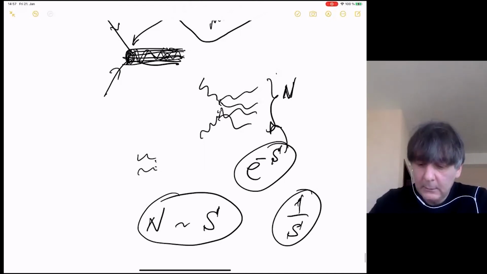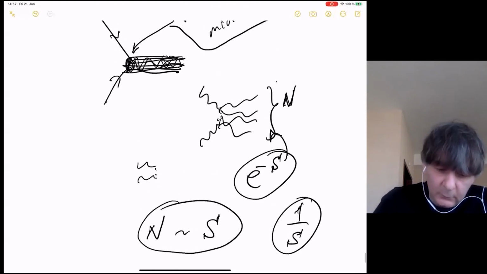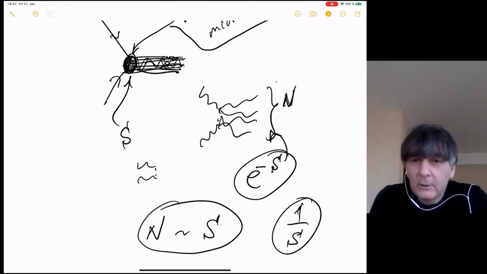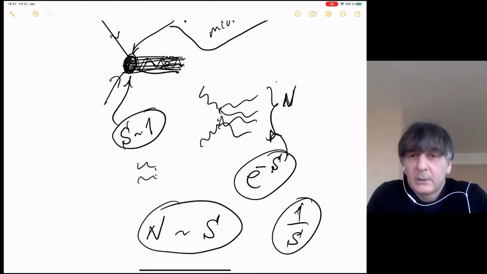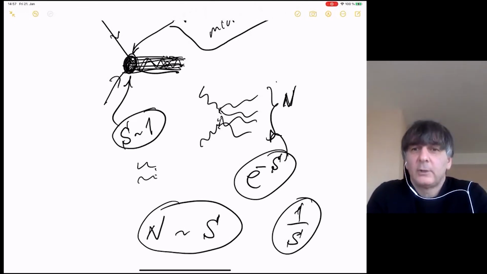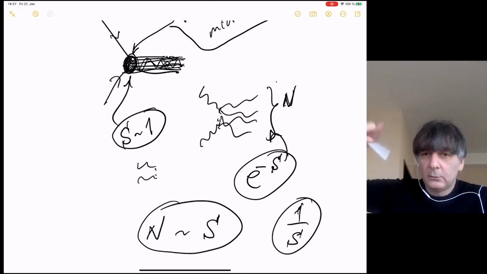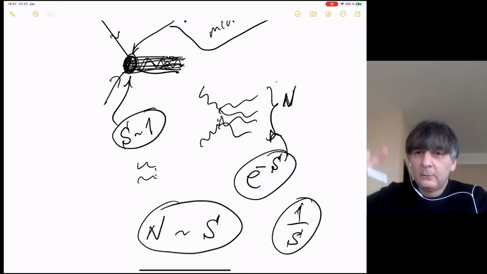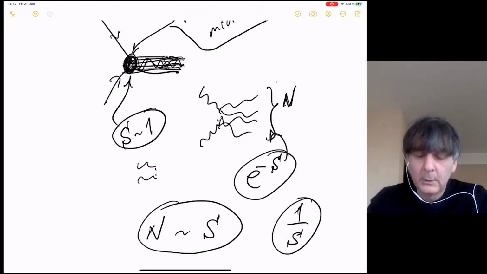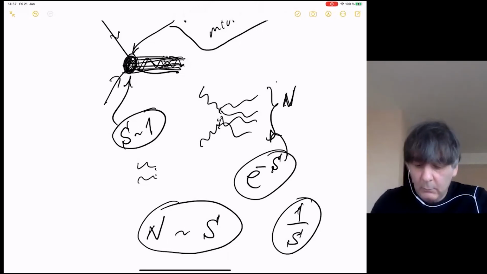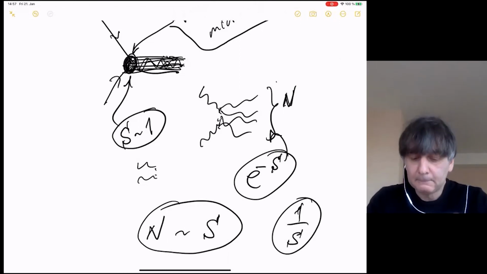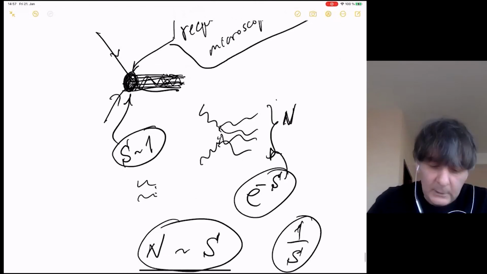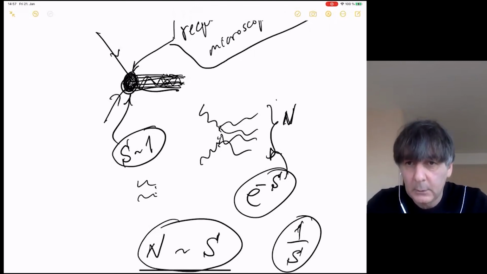But once we are at the cutoff of the theory, S you cannot even define, because it's order 1. The object that has entropy equal to 1 is not really an entropy. An electron can be in 2 states, spin up and down, but to call that an entropy is a bit of a stretch. Why? Because the 1/S corrections are large, order 1. So correspondingly, here one needs to find some good expansion parameter.